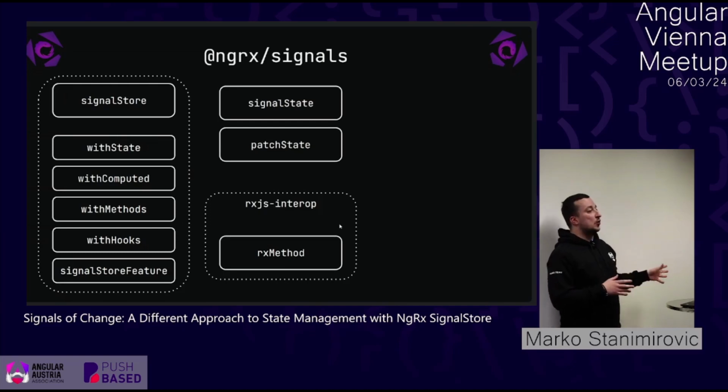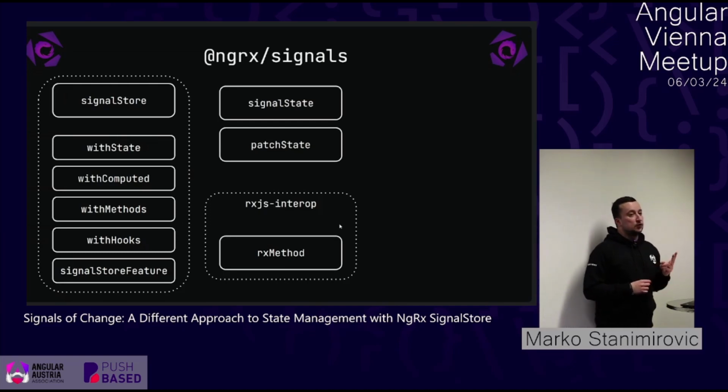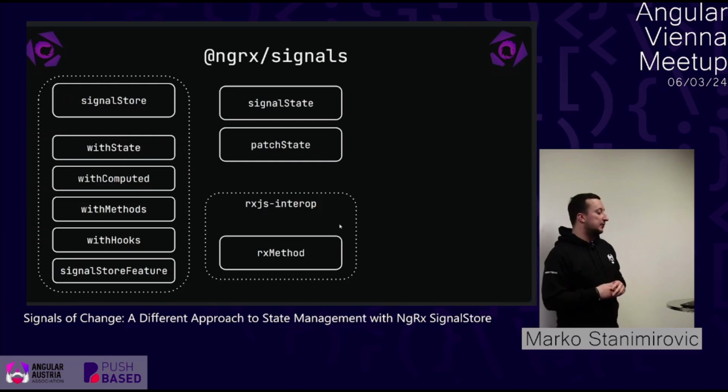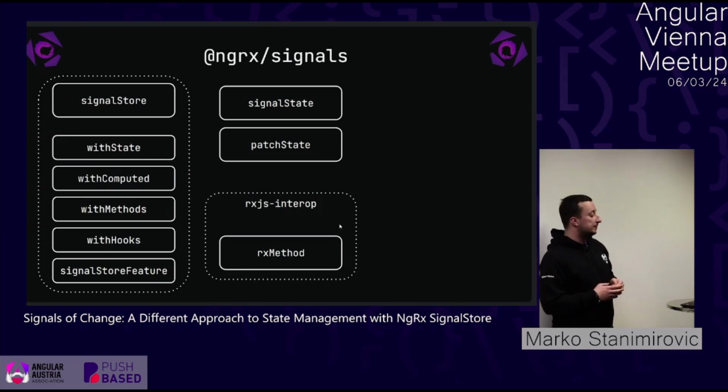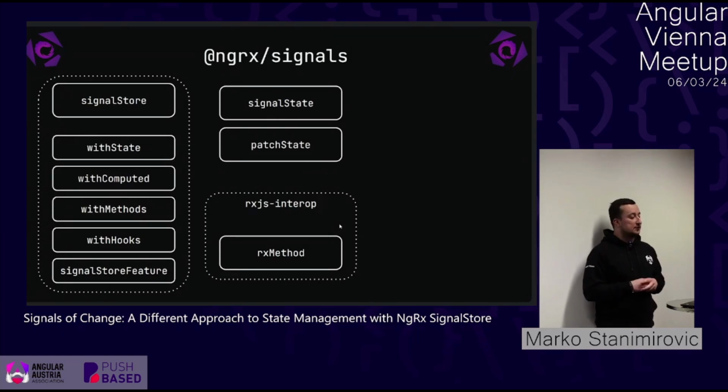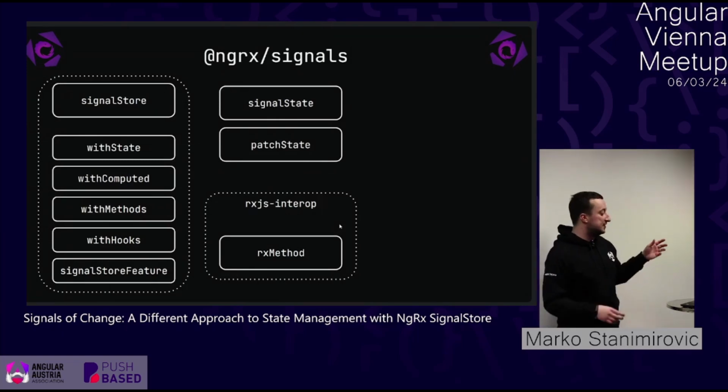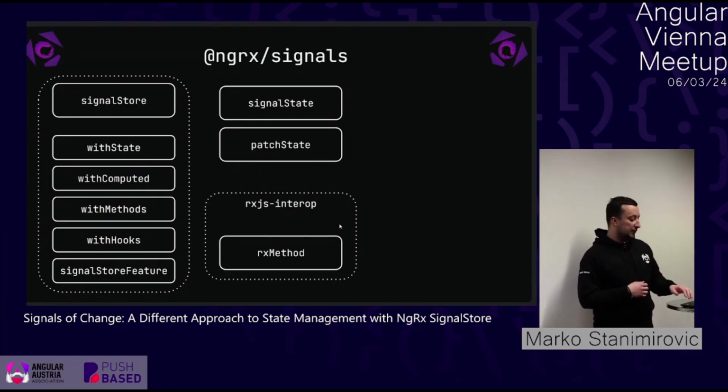In addition to these core APIs, there are also two plugins. Two, at least for now. Maybe we will introduce some additional plugins in version 18, we will see. The first one is RxJS interop. And here we have the rxMethod function. rxMethod is used for performing asynchronous side effects by taking advantage of RxJS APIs and operators.